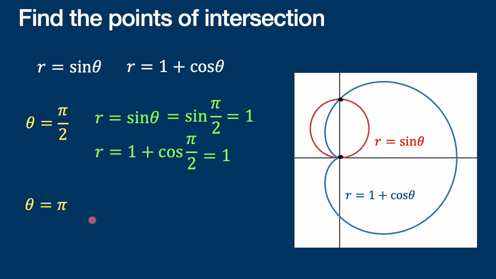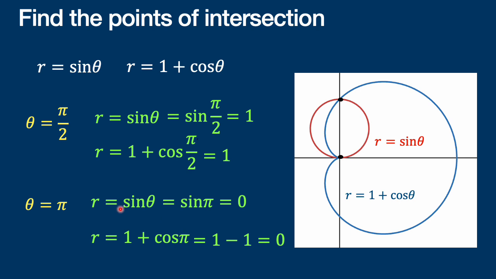That might be pi. So let's try theta equals pi. r equals sine pi, which is 0. r equals 1 plus cosine pi, and cosine pi is -1, so that's 0. So the r value is 0 at theta equals pi. So you find the intersection points here and here.